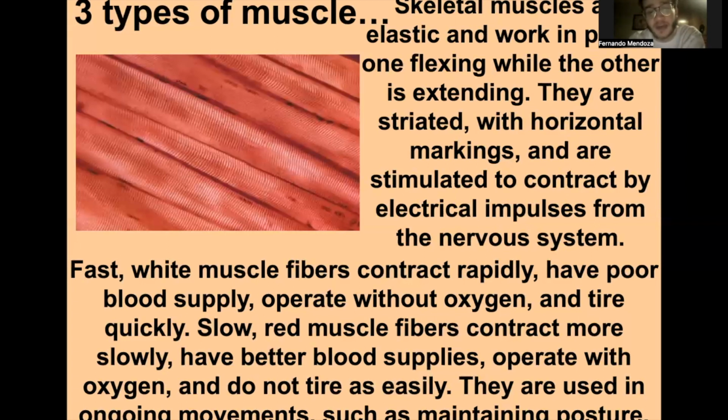On the other hand, we have the red muscle fibers, and these ones are going to be slow. These muscle fibers contract more slowly and have better blood supplies. That's why their color is provoked by the blood that is moved in this type of muscle cells.